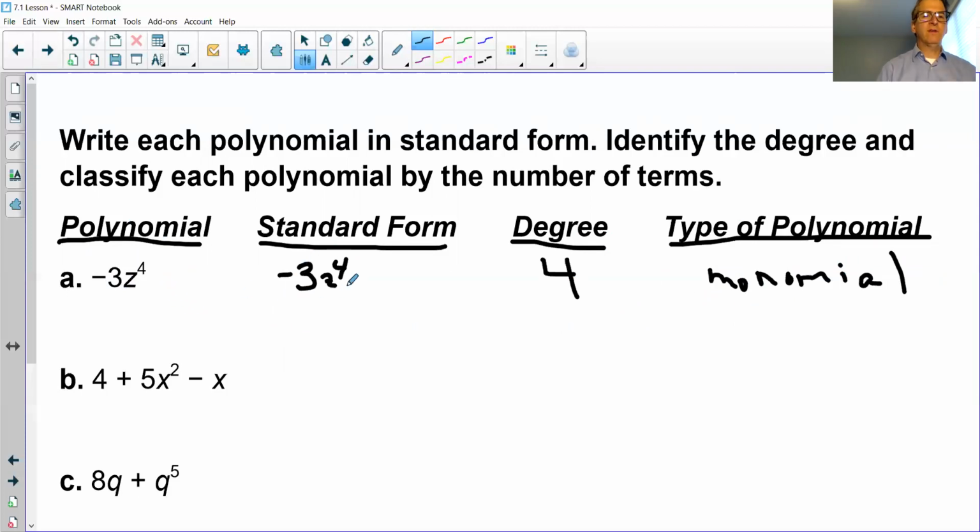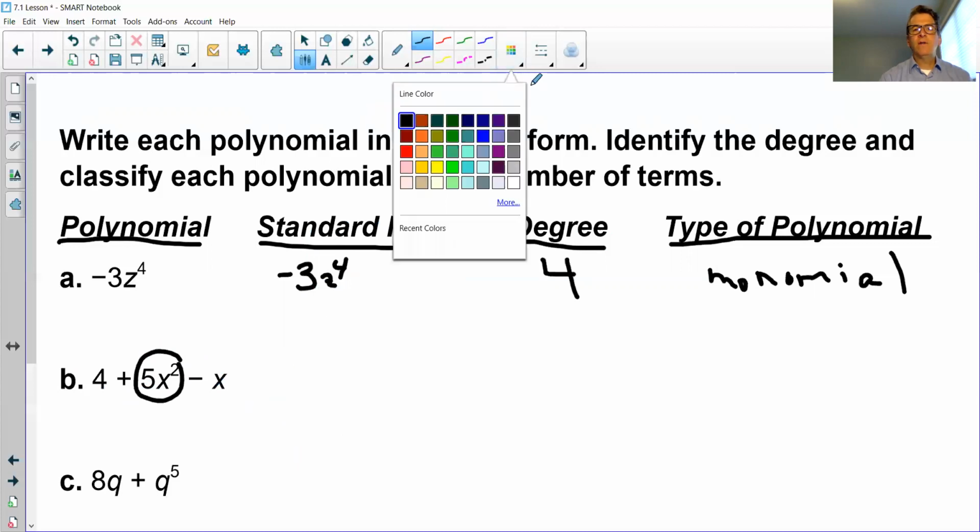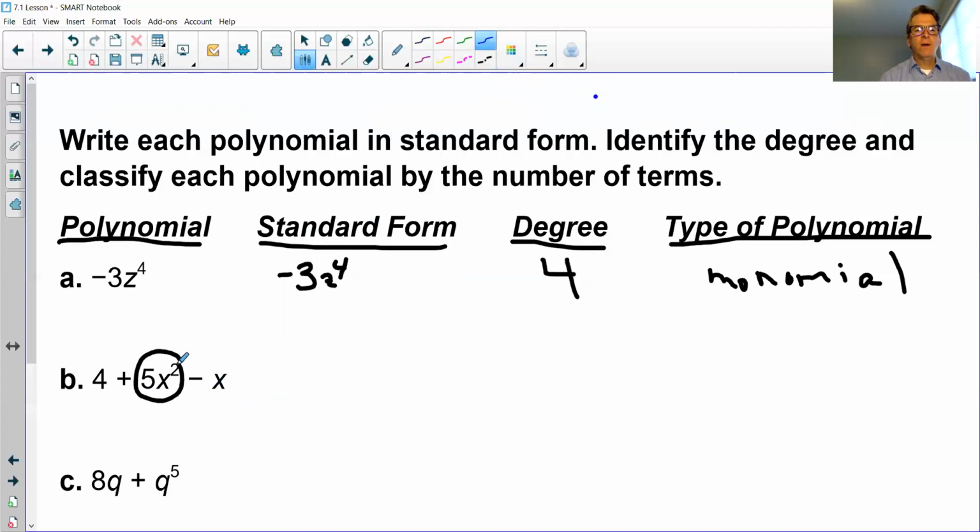This one's a little bit tougher. We're going to start out by talking about standard form. If you look at the standard form of this, we're going to put this term first. The reason is that I'm going to put this 5x squared first because that has the highest degree.